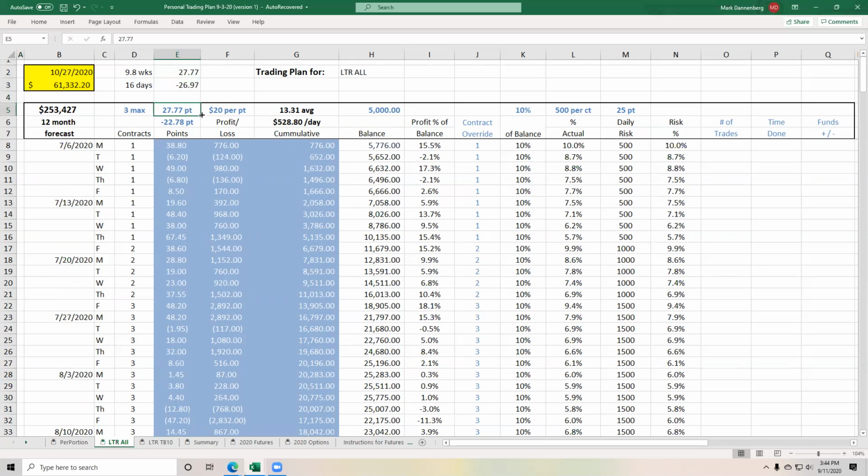So right here is where I want to enter now going forward for the remaining balance of the 12 months. So we're through basically 10 weeks. And so what's the run rate going to be that I'm going to forecast for the remaining 42 weeks? It's going to be based on winning at 27.77 points per day.